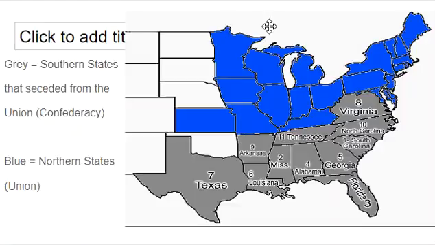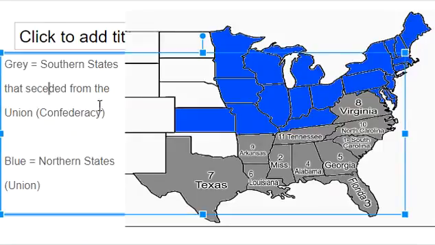And this map right here shows you the secession. Gray is the southern states that seceded from the Union. Remember, seceded means to leave. So this is the Confederacy. That's what they called themselves. That's Texas, Louisiana, Arkansas, Mississippi, Alabama, all of these states right here.